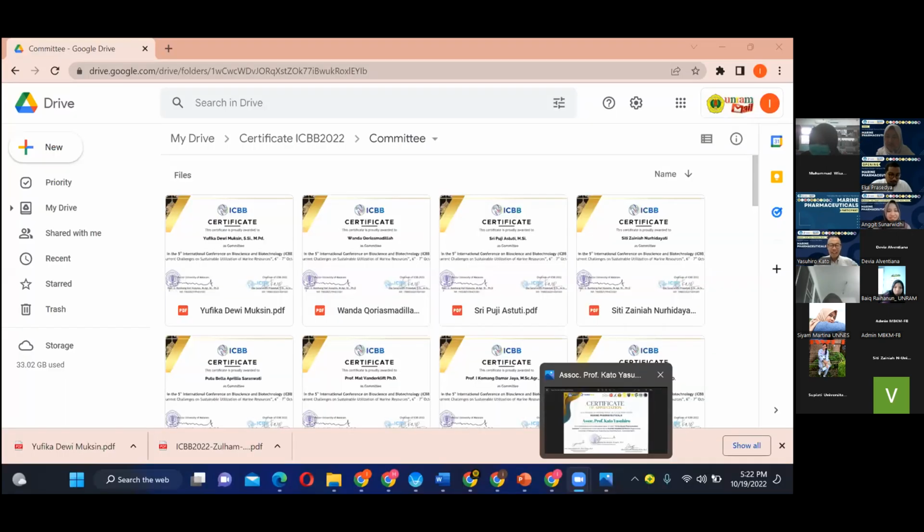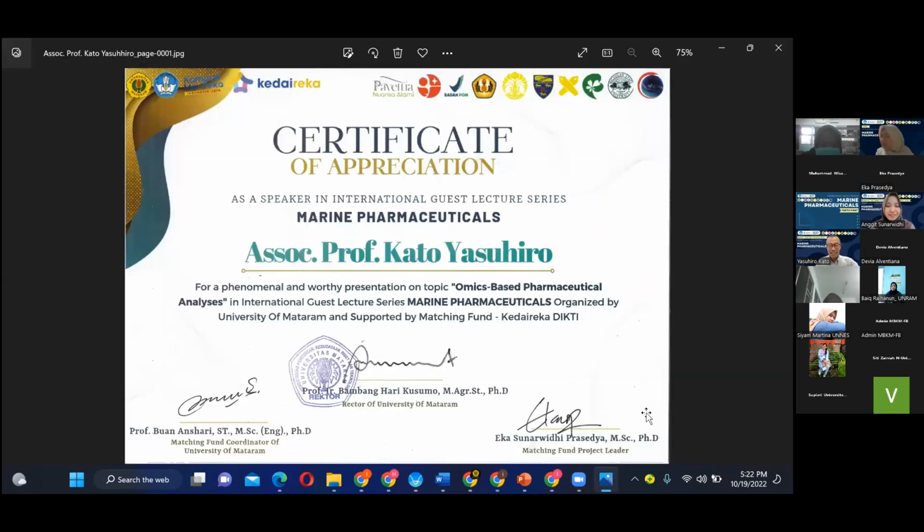Is it still loading or is it just on my screen? Not yet. Okay, I thought it was just me. Maybe using the application. No problem. Oh yeah, I can see it.